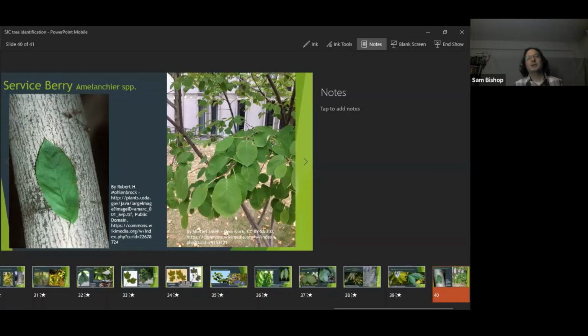A good identification clue for these, because again, these have that kind of generic round toothed leaf shape, is if you look on the left and you look closely at the bark there, you can see the bark is this light gray, and it's got this kind of snakeskin pattern with all these little vertical lines on it along the stem. That's a really good identification clue for serviceberry bark, especially on something that's a street tree.